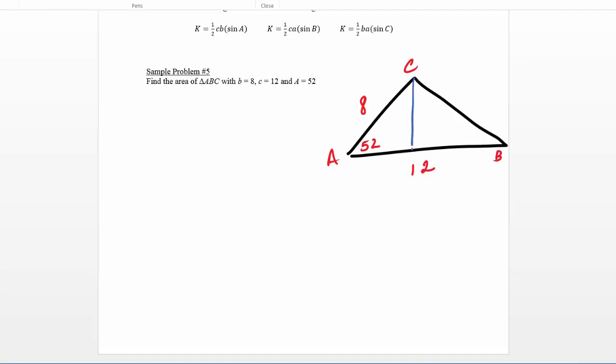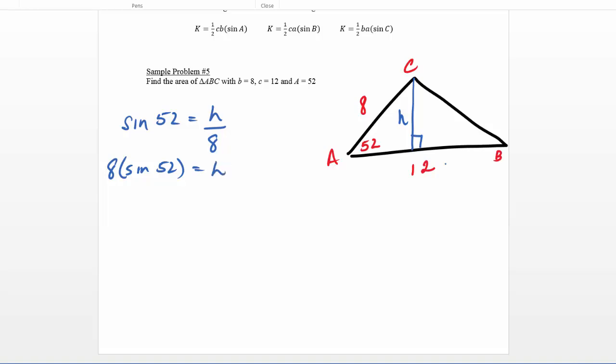So if I drop an altitude to represent a height, I can represent this height in this right triangle, and I can say that the sine of 52 degrees equals the height over the hypotenuse, the opposite over the hypotenuse. And so 8 times the sine of 52 is what's going to represent the height.